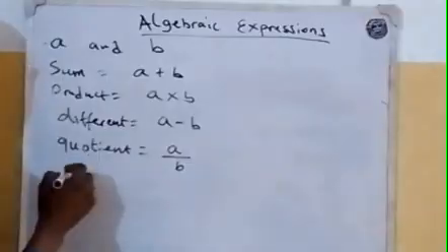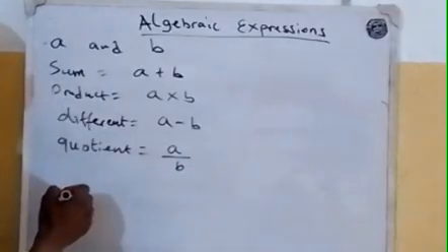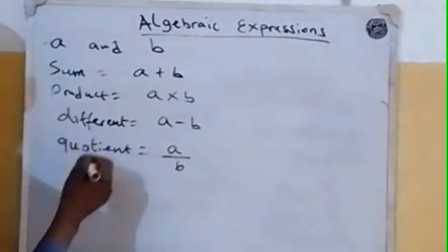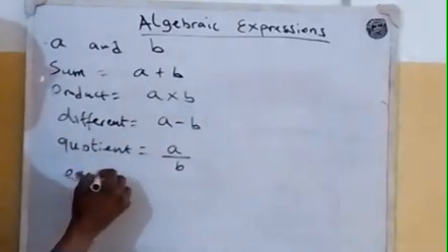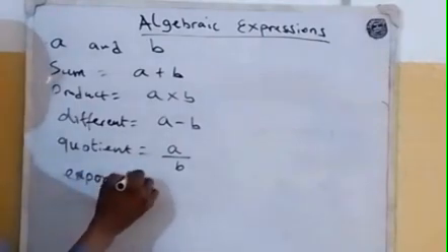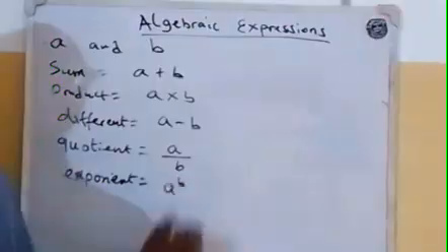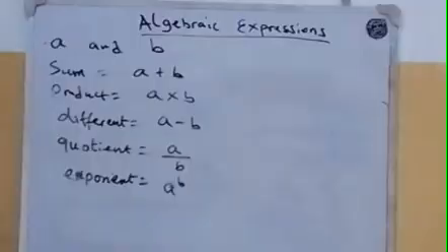And exponent, we see it as A raised to B. So this is how we use alphabets to represent mathematical operations for algebraic expressions.